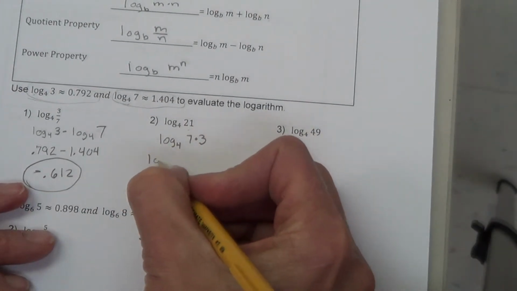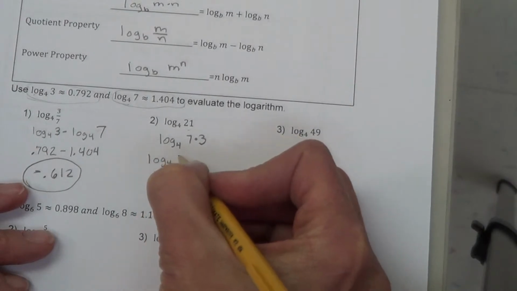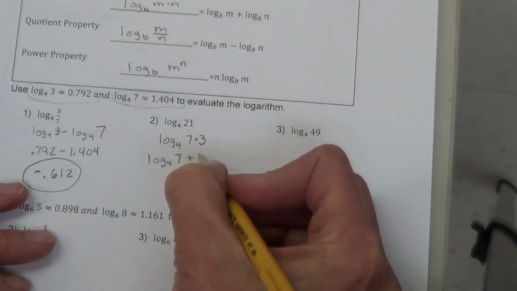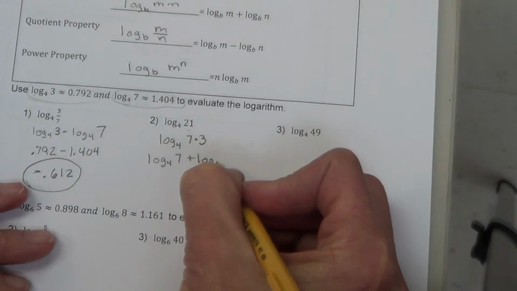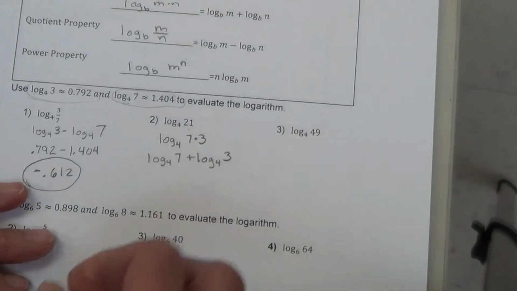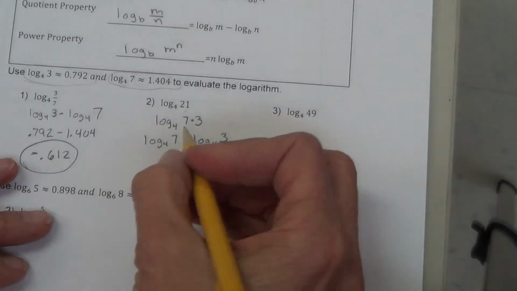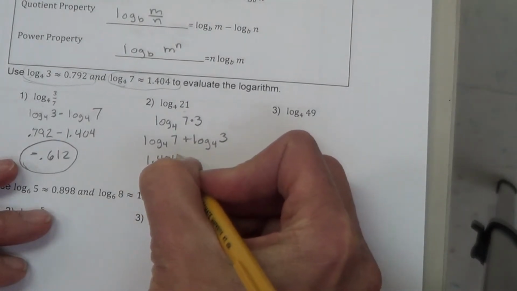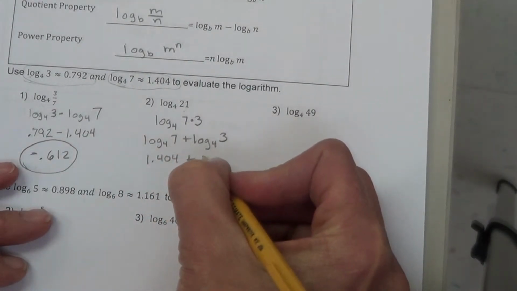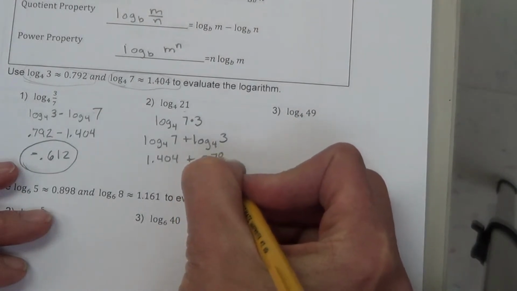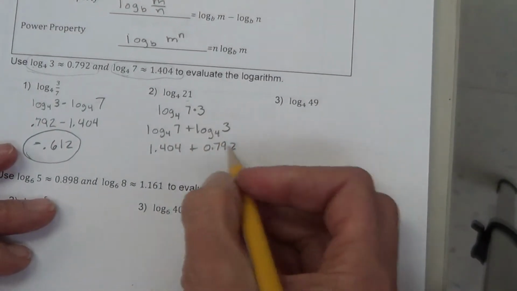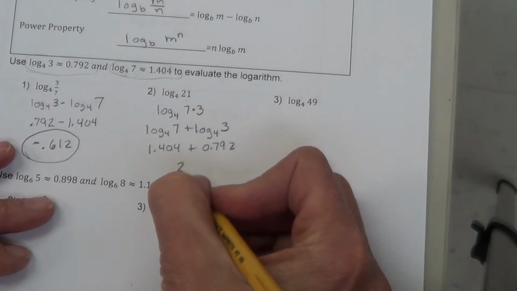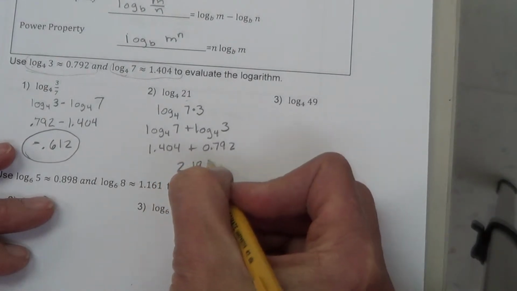So I could have log base 4 of 7 plus log base 4 of 3. Now I bring in my values. 1.404 plus 0.792. When I put those together, I get 2.196.